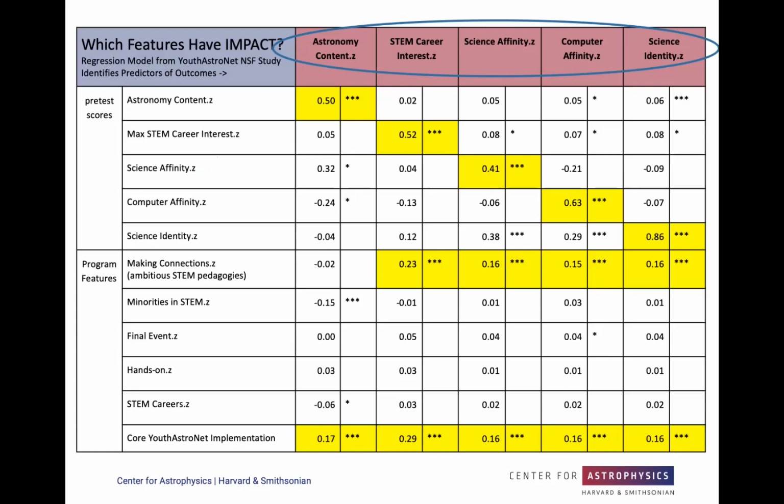And in this survey, we asked questions which measured students' astronomy content knowledge, their STEM career interest, their science affinity, the degree to which they like and enjoy science, their computer affinity, and their science identity, that is the degree to which they see themselves as a science person and think other people recognize them as such. So those are our outcome variables.